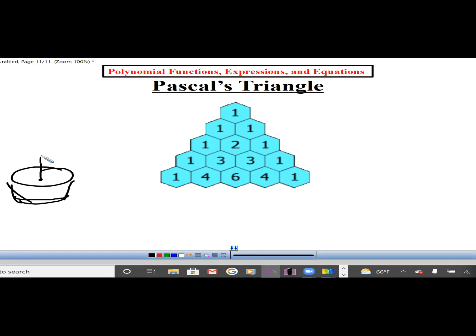It starts with a stem, right? And then from there, it has 2 branches. You're like, what? Well, look, here's 1 stem, here's 2 branches, and so on and so forth.